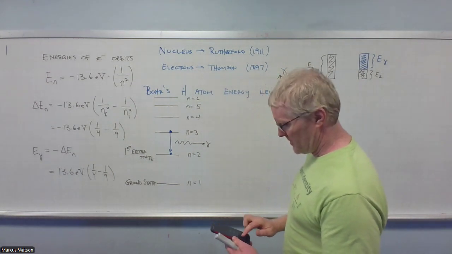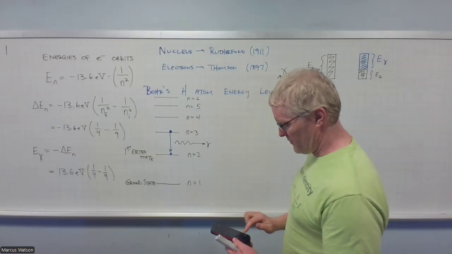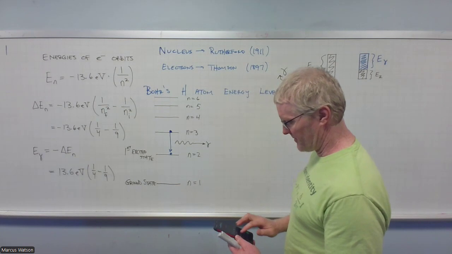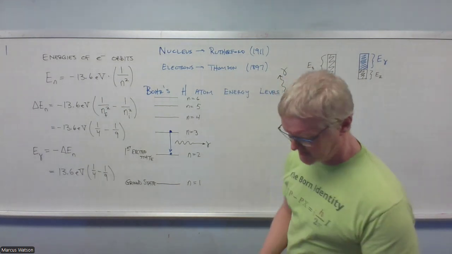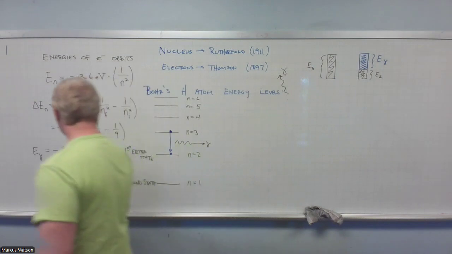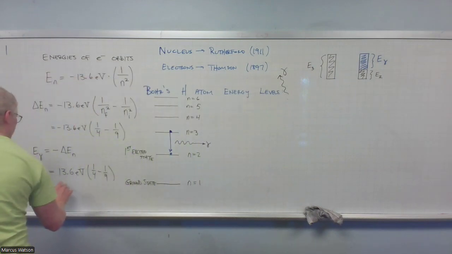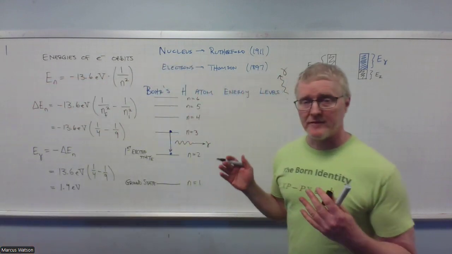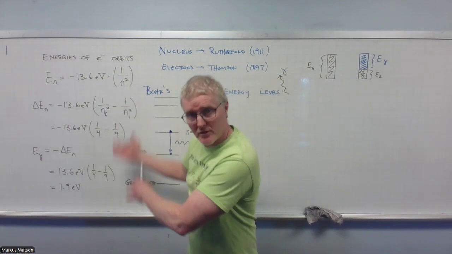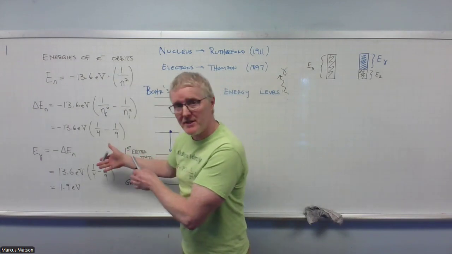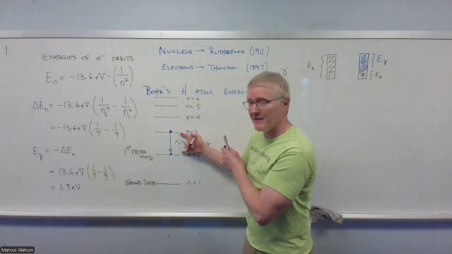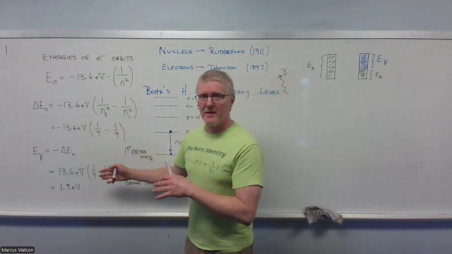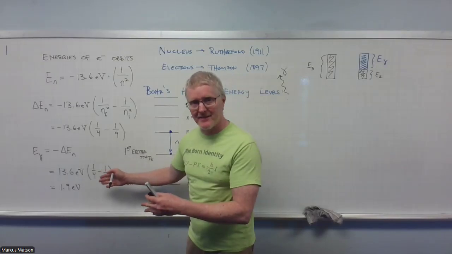This is 1/4 minus 1/9, and we're going to multiply by 13.6, and it's about 1.9. All right. Now using Bohr's formula, we've figured out what the energy difference in the electron levels is, and therefore what the energy of the photon is. So we have, in principle, calculated the energy.